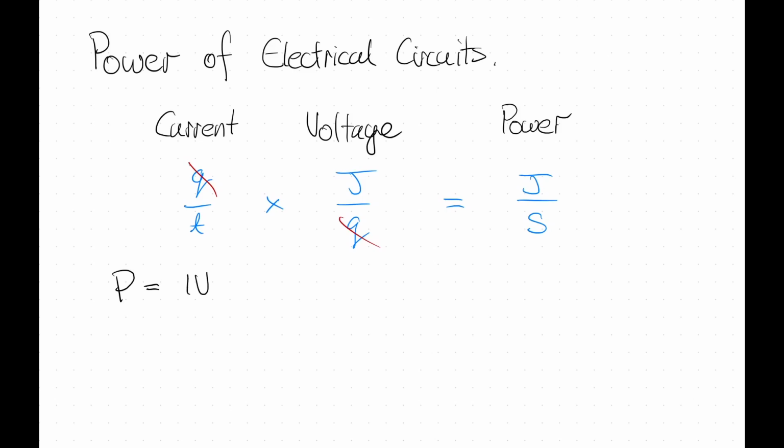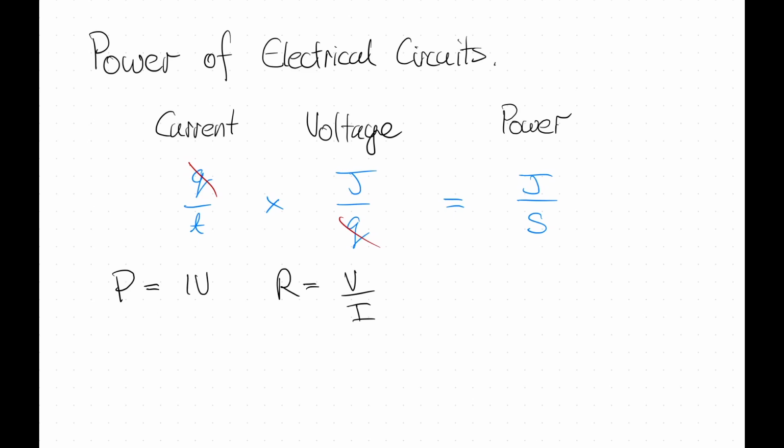We also know that our resistance is equal to V on I. So if we are looking at a resistor, or an item that is going to be using the energy of the circuit, we would be able to relate our resistance into our power formula.